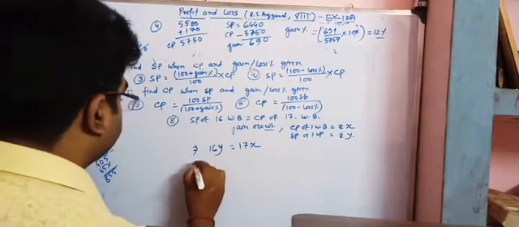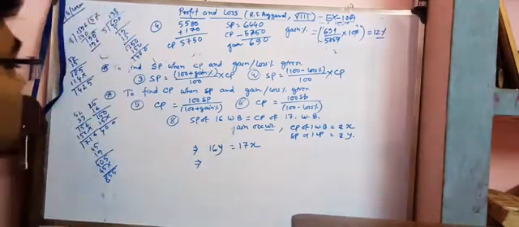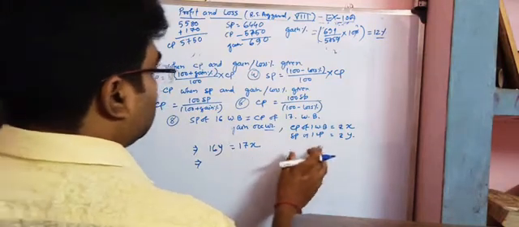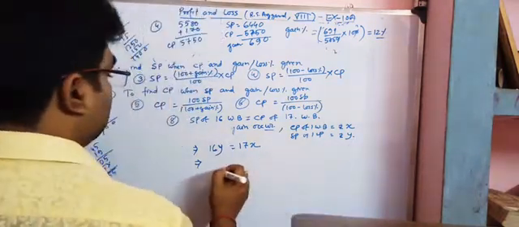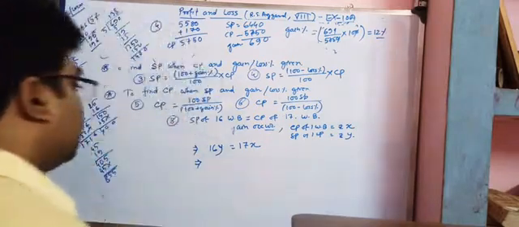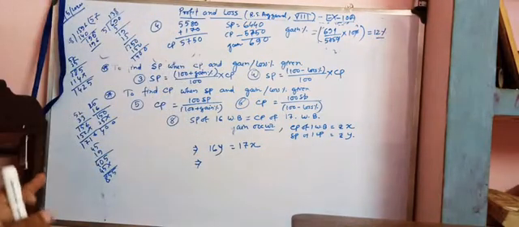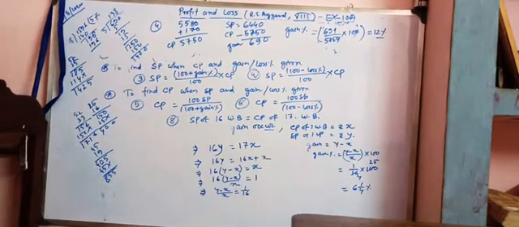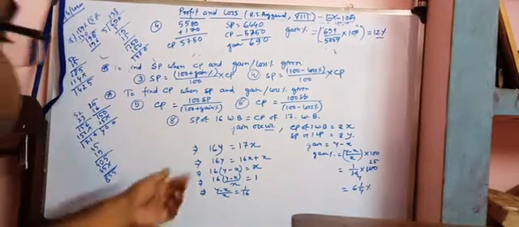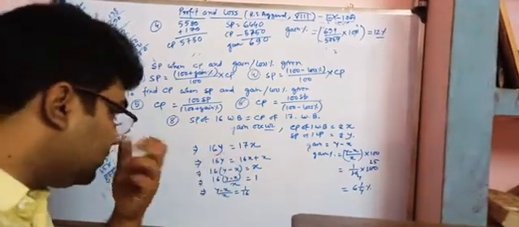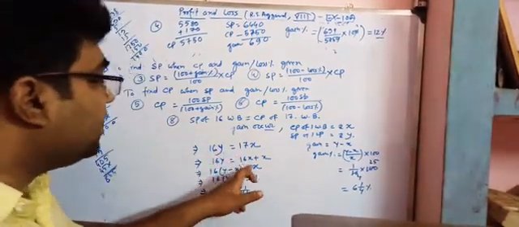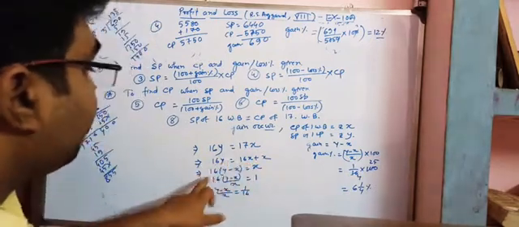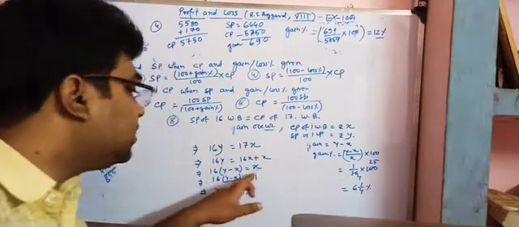So 16Y is equal to 17X. Next, 16Y is equal to 16X plus X. That means we are taking 16X over here. We are getting 16 into (Y minus X) is equal to X.